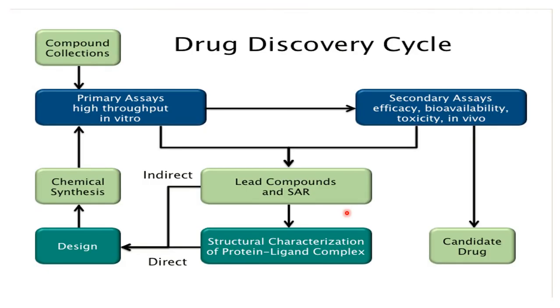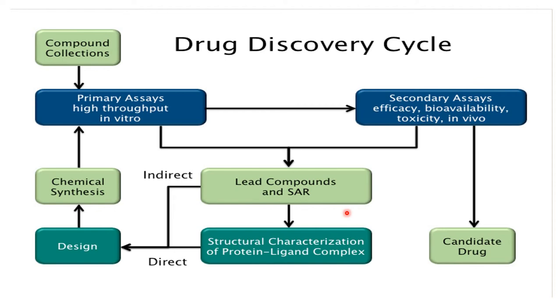So next is the flow chart of a drug discovery cycle. Now in the drug discovery cycle, what happens? You can see we start with the compound collection, that is our raw material, which undergoes two types of assays, primary assay and secondary assay. What is the purpose of the primary assay?